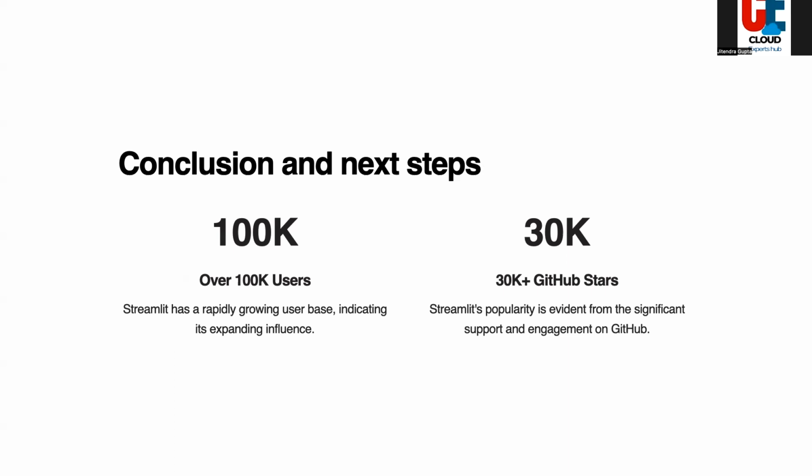I can name any of these big cloud players and data platforms like Snowflake. Everyone is using Streamlit for visualization and even for creating a quick web application for their data. Today, I checked that the Streamlit GitHub repo has 30K plus stars. That's a very huge number.